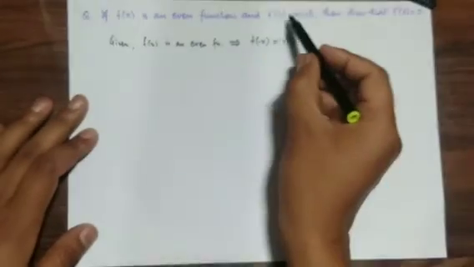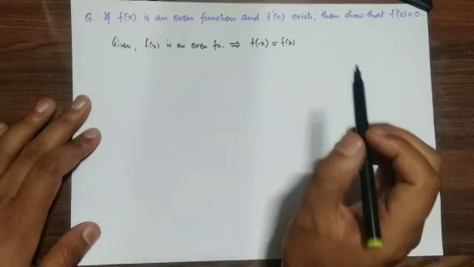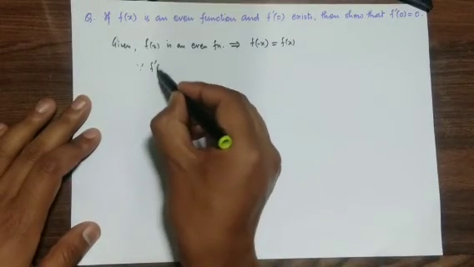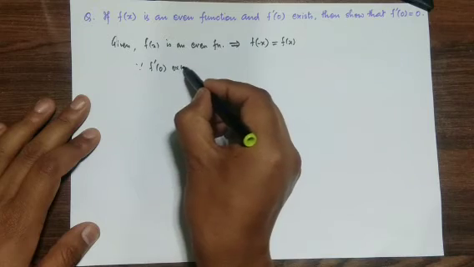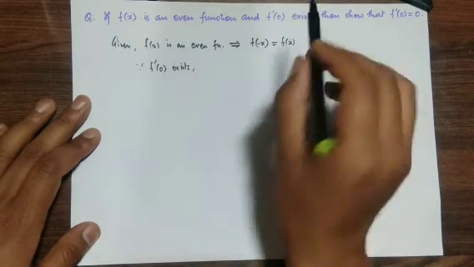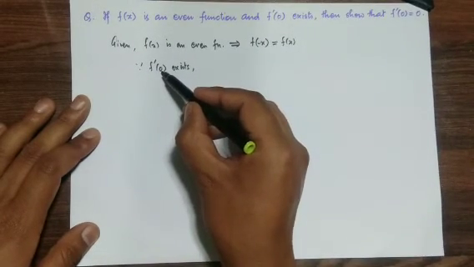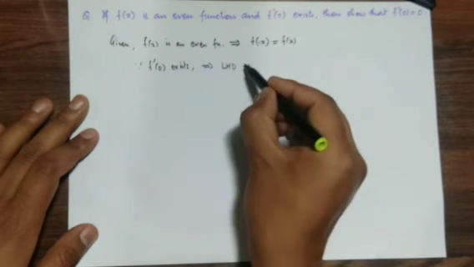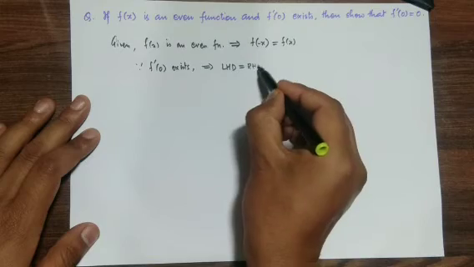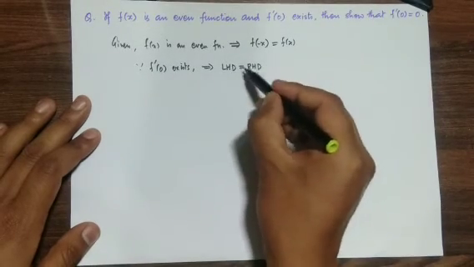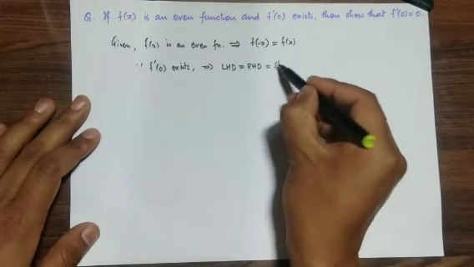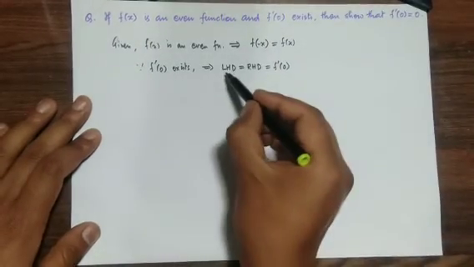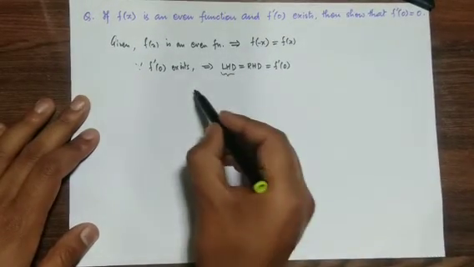Now since f dash of 0 exists, that means the derivative of the function exists at the point x equals 0. So we can say that the left hand derivative is equal to the right hand derivative. That is, the limit exists and this is equal to f dash of 0. Now let us put the definition for the left hand derivative.